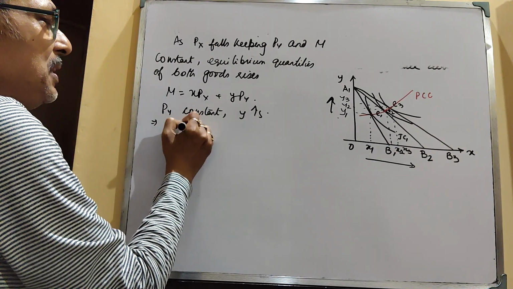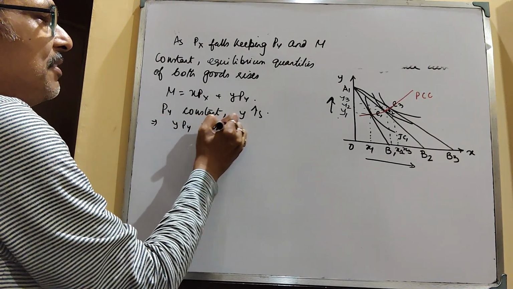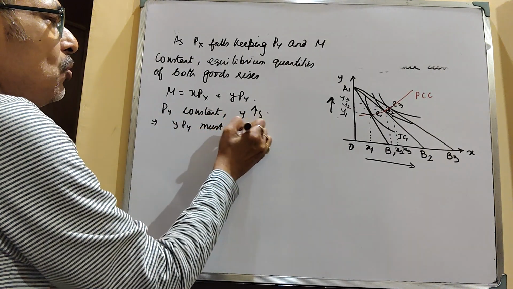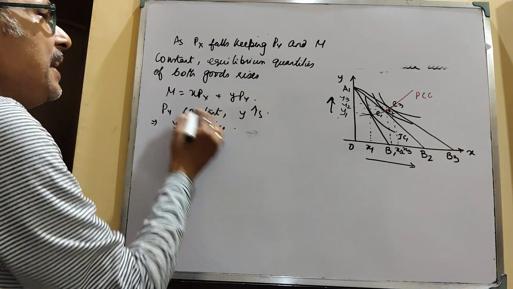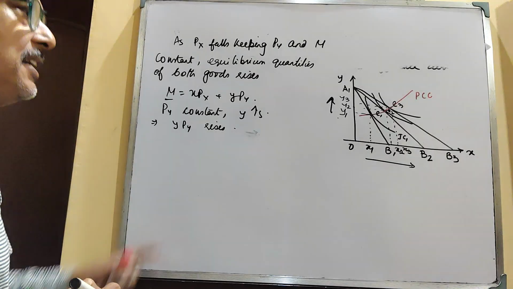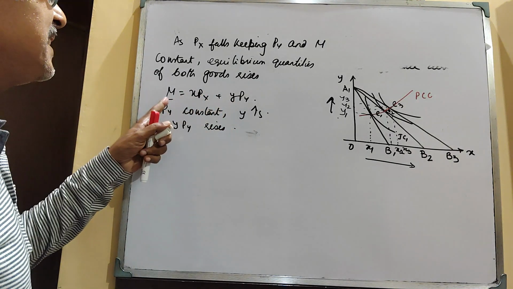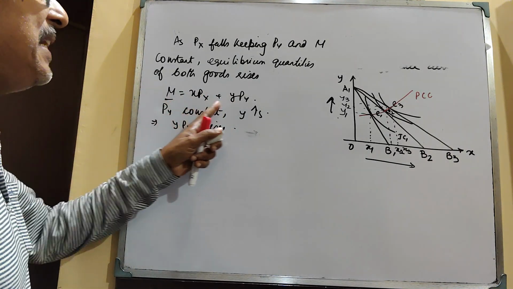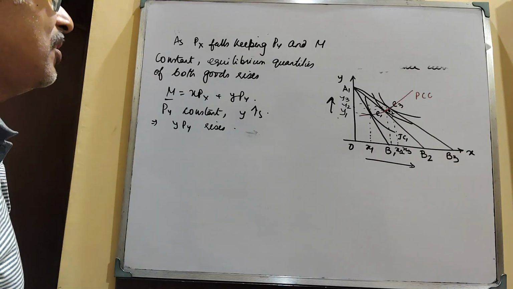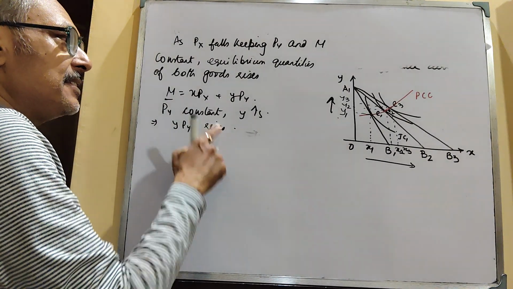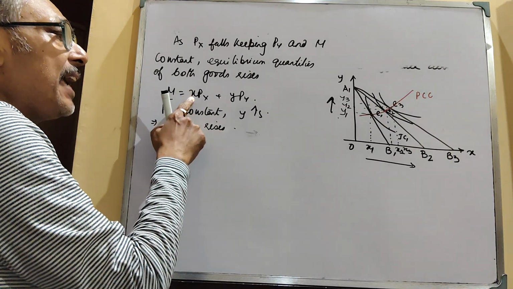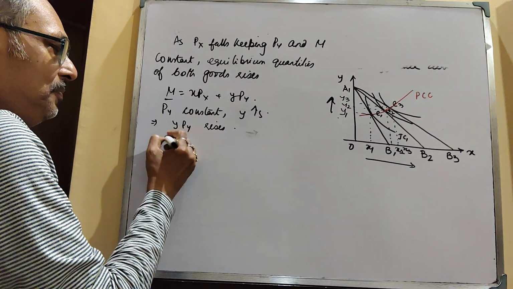That YPY must rise. Now M is constant. The sum of two numbers is constant. That is XPX plus YPY is constant. YPY rises. That means what? XPX must fall.